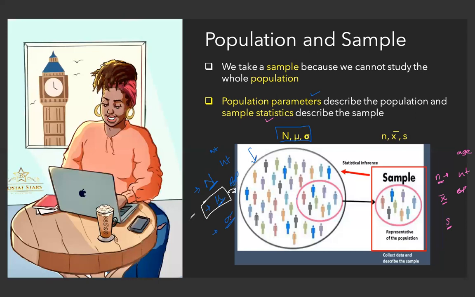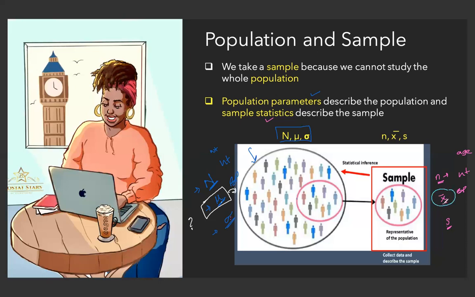So usually we want to find out what mu is. We know that mu exists for this population, but because there are too many people in this population, we don't know what mu is. Remember, this was the reason why we took the sample: we can do research on the sample and find out the average for the sample.